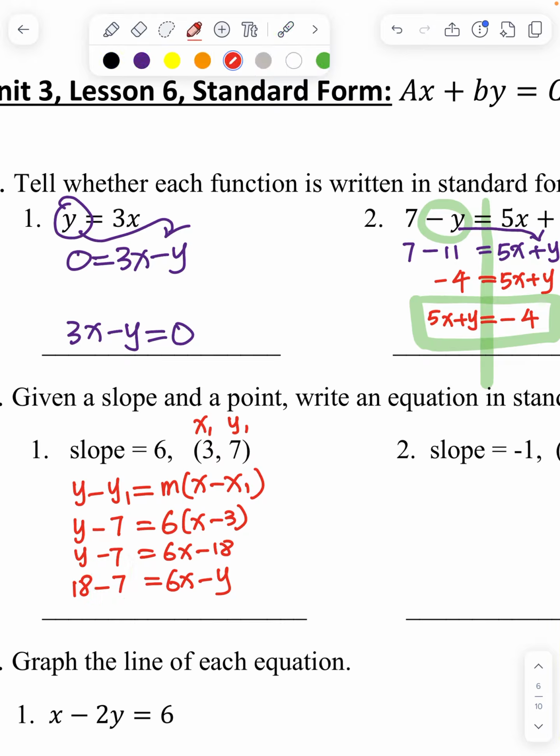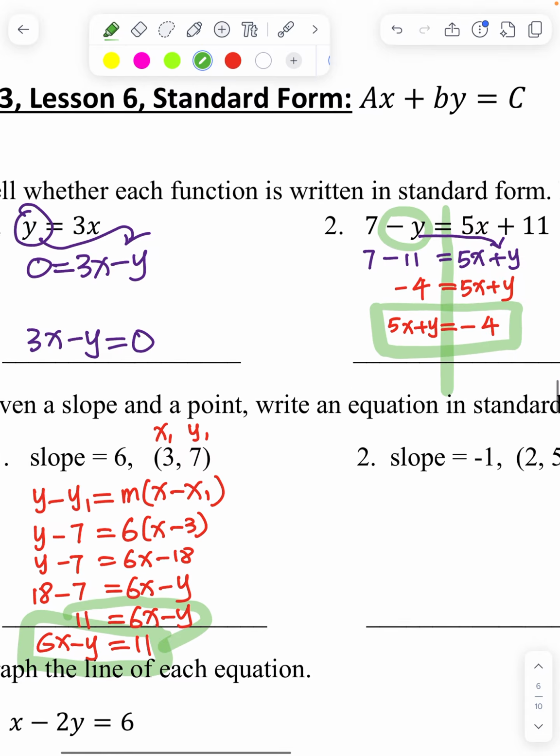So 18 minus 7 is 11, 6x minus y equal to 11. Okay, almost done. Now the rule is we want to keep the variable on the left, right? So we flip the whole thing. So this is the final answer. The one above is okay too, standard form, but the variable is on the right side.